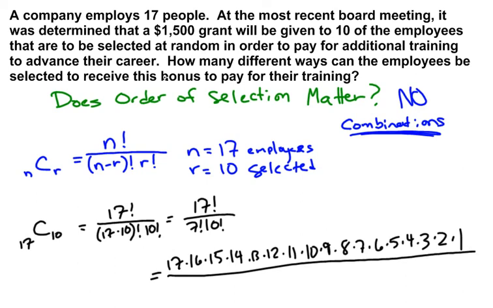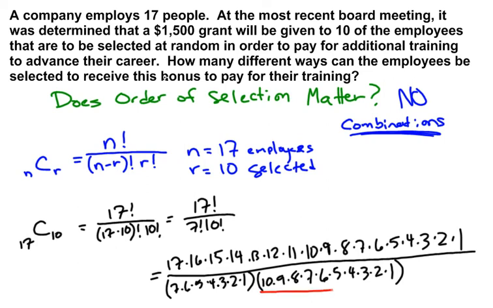On the bottom, 7 factorial would be 7 times 6 times 5, 4, 3, 2, and 1. And then 10 factorial would be 10 times 9 times 8 times 7 times 6, 5, 4, 3, 2, and 1.